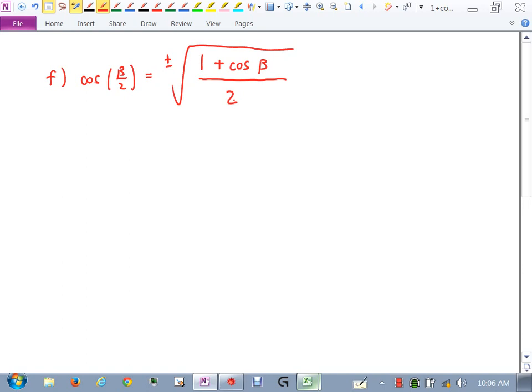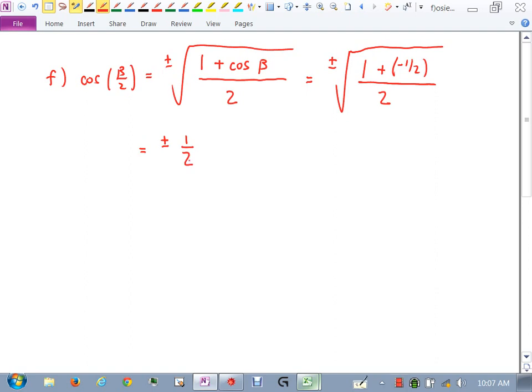This time, cosine of beta is what? Let me get it right this time. It's negative 1/2. So it's 1 plus negative 1/2 over 2. Now, we already did that one a second ago, right? This one will turn out to be plus or minus 1/2.